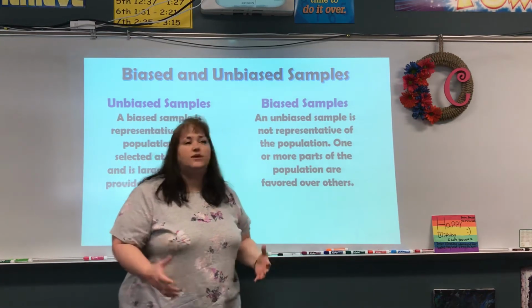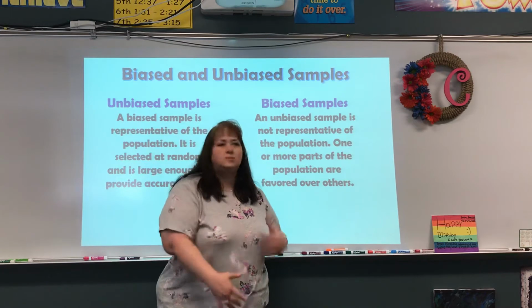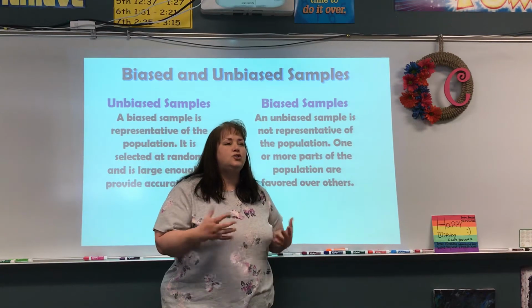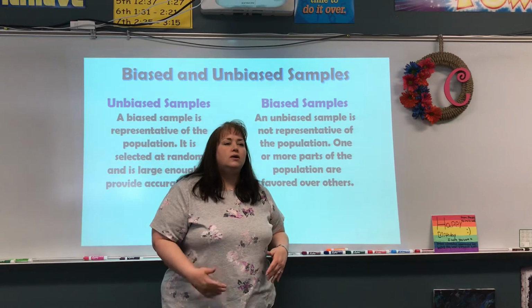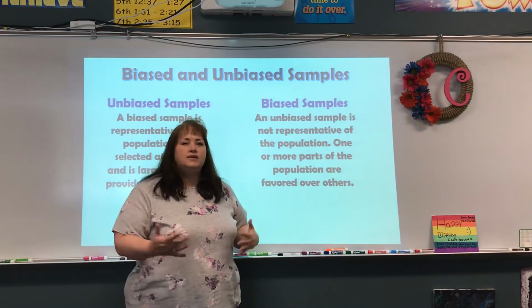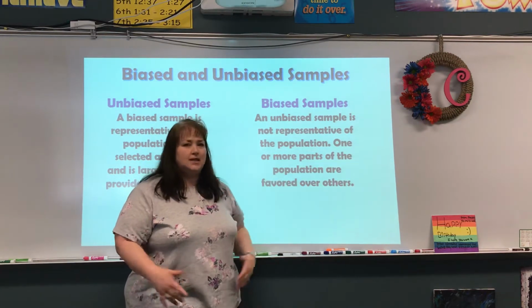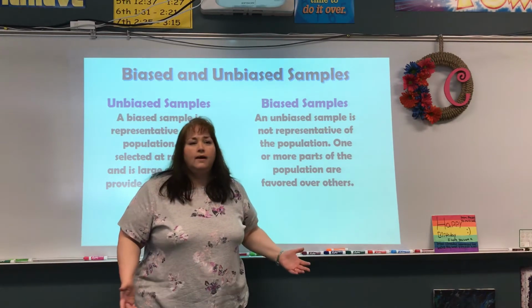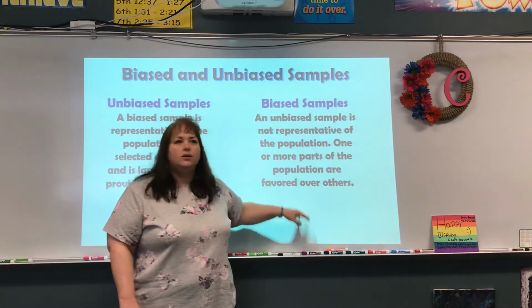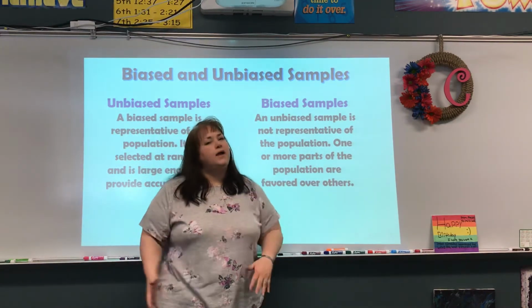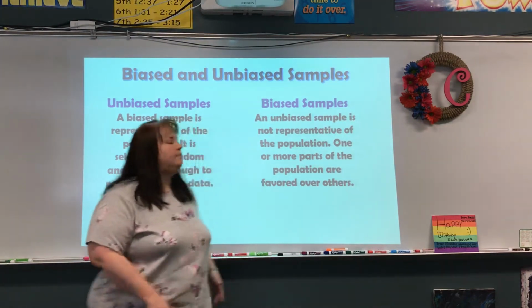You asked a specific group. You were looking for specific answers. You wanted it to go your way. So you gathered the data in a way that didn't represent the whole group. Kind of goes along with the random and not random.